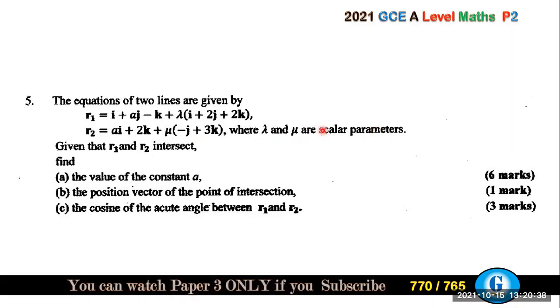Given that R1 and R2 intersect, find the value of the constant A, the position vector of the point of intersection, and the cosine of the acute angle between R1 and R2. So this is on vectors.